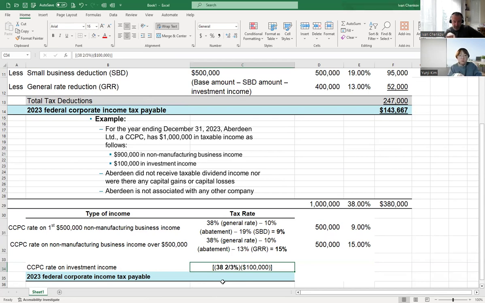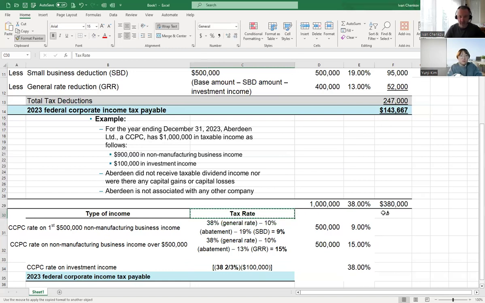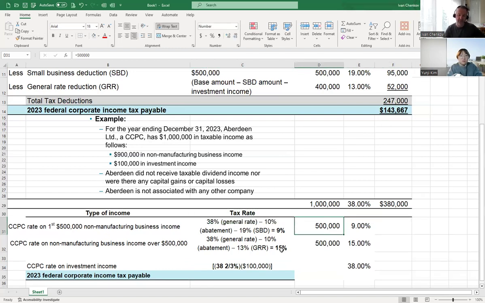on the $100,000 of investment income. Now the question is, why is it 38 2/3? I guess it's because it's given. Can we not go over this and just stick with the first method? Yes, we can do that. If the first method is easier for you, the first method is better.